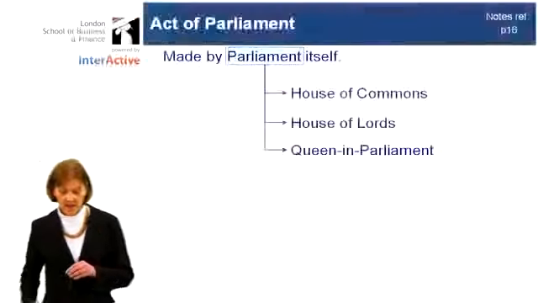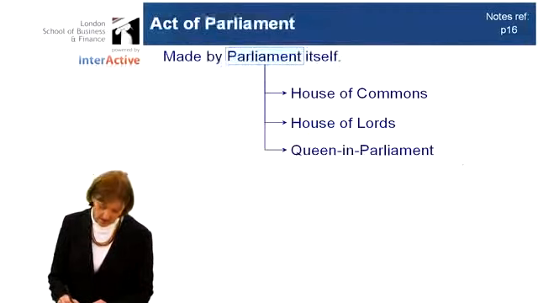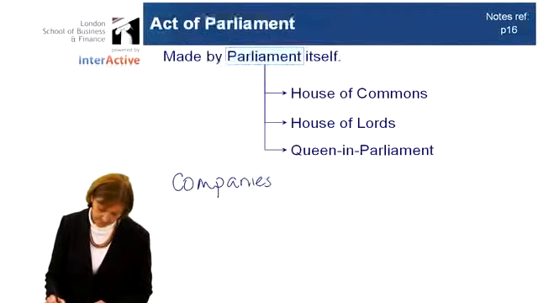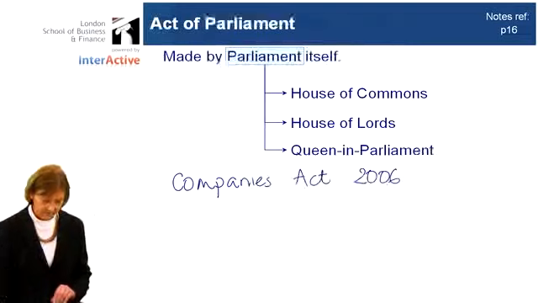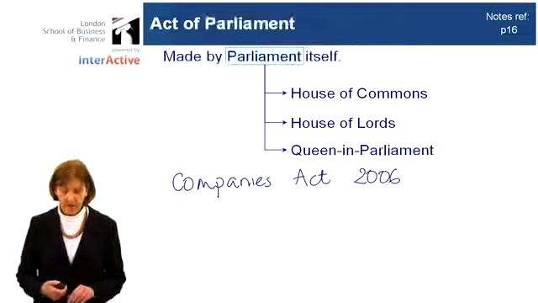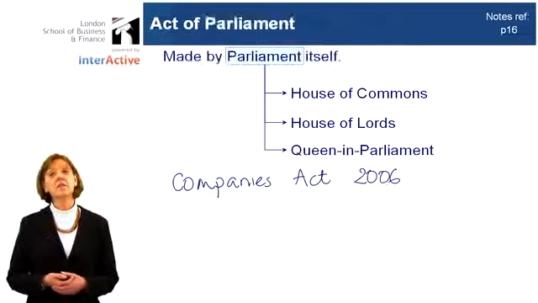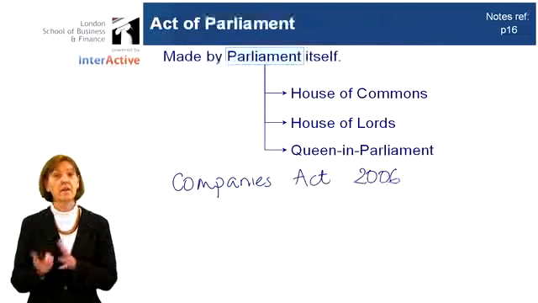For example, an Act you will become extremely familiar with, the Companies Act 2006. 2006, that's the date the Act received the royal assent. It turned from a bill into an Act of Parliament.